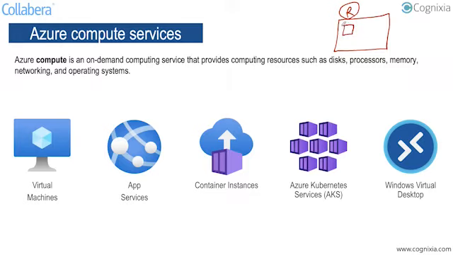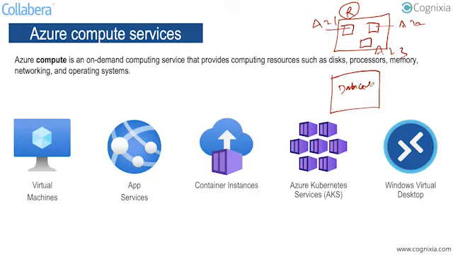Inside Azure regions, there are availability zones, AZ1, 2, 3. When I say AZ1, what does it mean? It means there is a data center inside that availability zone.